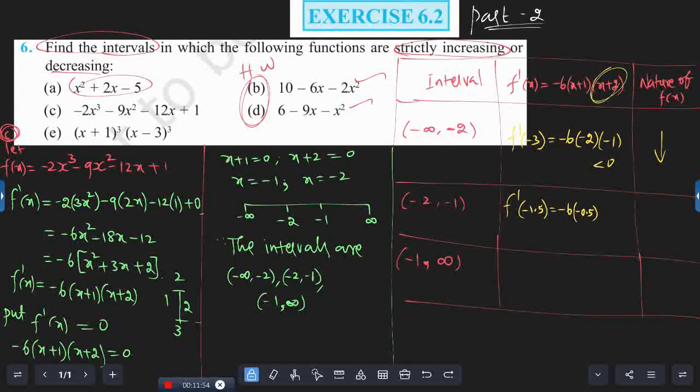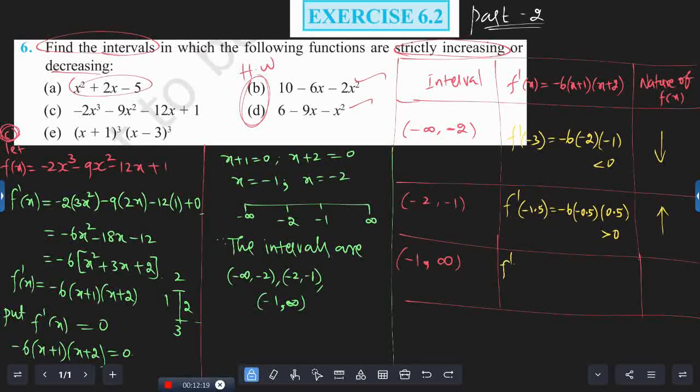What is the next? x plus 2, x value minus 1.5 plus 2. Now what will you be getting? Plus 0.5. So one minus, one more minus: minus and minus is plus. Plus means greater than 0, so increasing. It's going upward. Next, minus 1 to infinity, you can take 0.